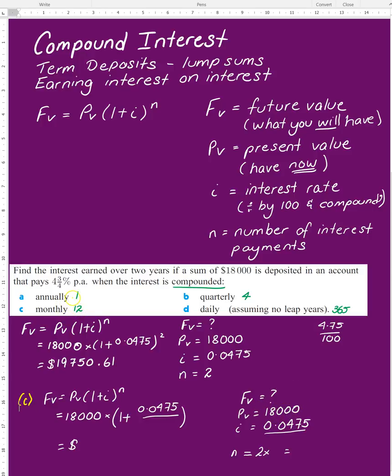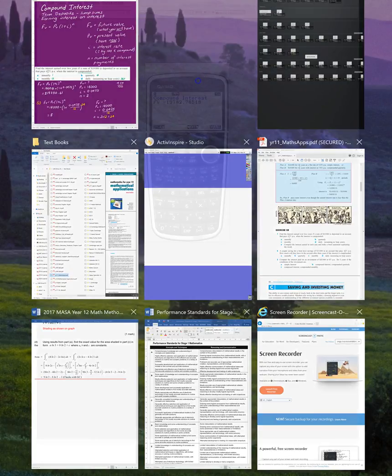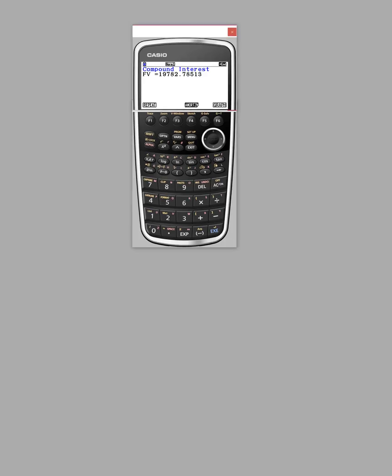But now, because it's monthly, we have to divide the interest by 12, and we have to times the period by 12, so that now becomes 24. So in our calculators, that goes to 12. The N now becomes 24, and you can type this in to your calculator, or in the financial mode, you can check.